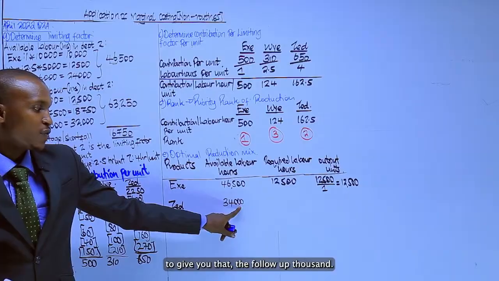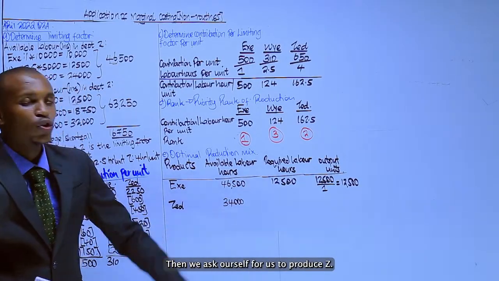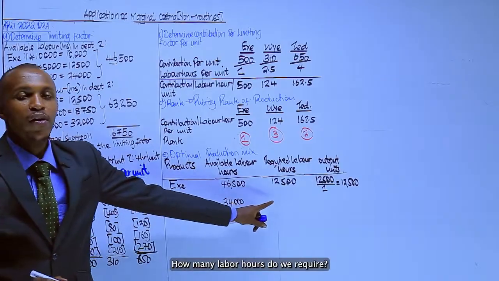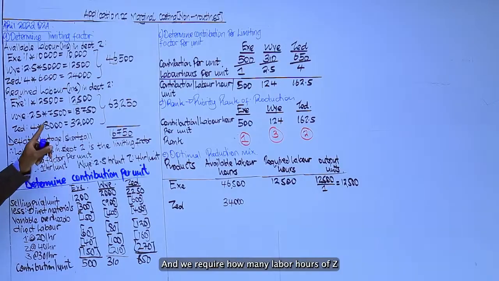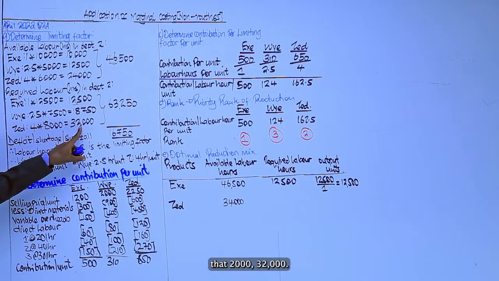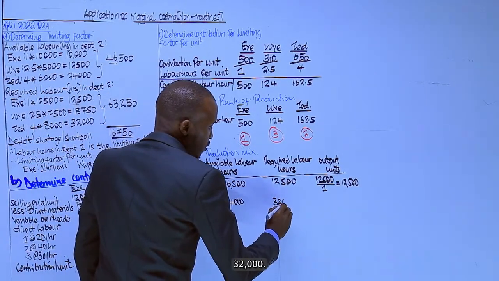Then for us to produce Z, we require 32,000 labor hours. So here we write 32,000.